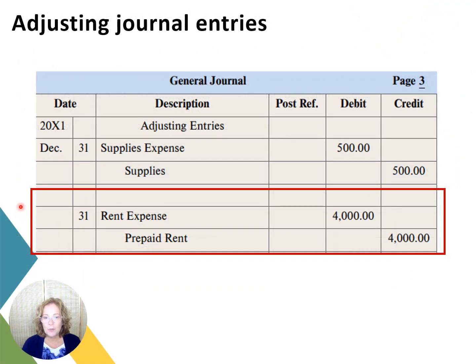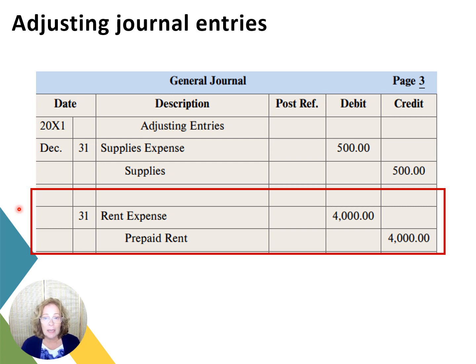Let's talk about the next transaction. We had prepaid rent for December and January for $8,000. And now that December ended, we had to record the rent expense. We wrote $4,000 into the debit column for the rent expense account on the worksheet and a credit of $4,000 into the credit column of the prepaid expense account.